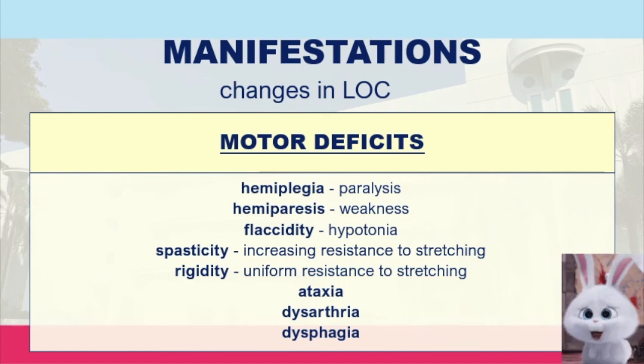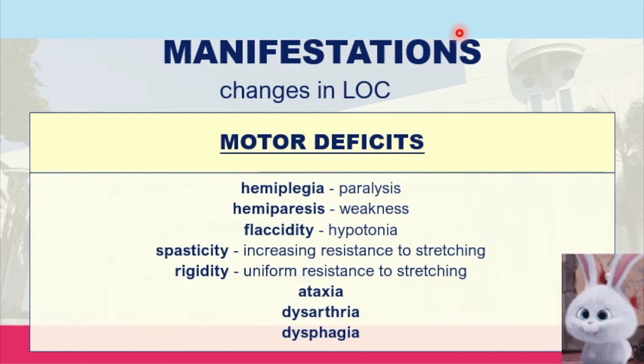Whereas in rigidity, you would notice that there is uniform resistance to stretching. There is resistance to stretching, however, this is uniform. Then you have the terms ataxia, dysarthria, and dysphagia. Try to review these terms.